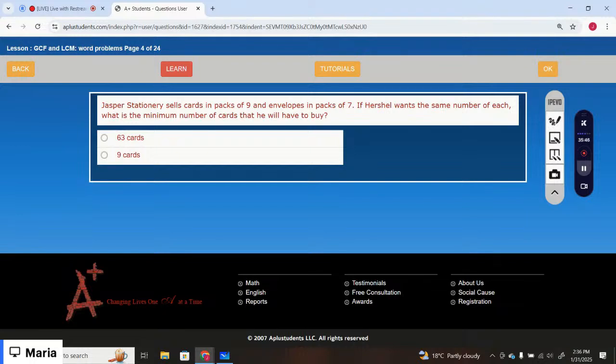Jasper Stationery sells cards in packs of 9 and envelopes in packs of 7. If Herschel wants the same number of each, what is the minimum number of cards that he will have to buy?